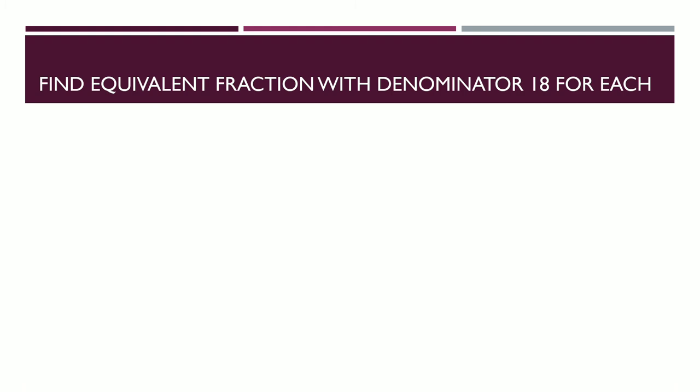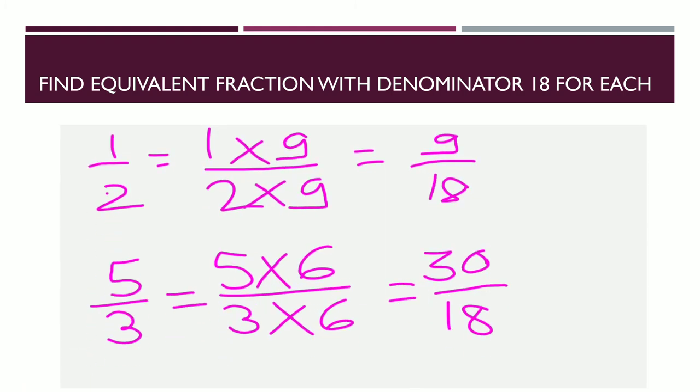Here we take another example. Find the equivalent fraction with denominator 18 for each. 1 upon 2. To convert the denominator 2 into 18, we multiplied 2 by 9.